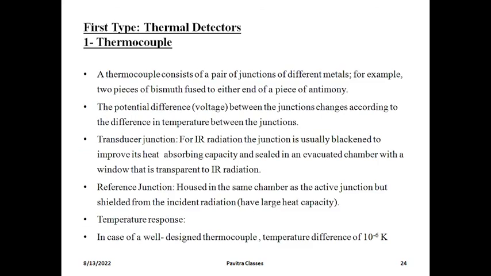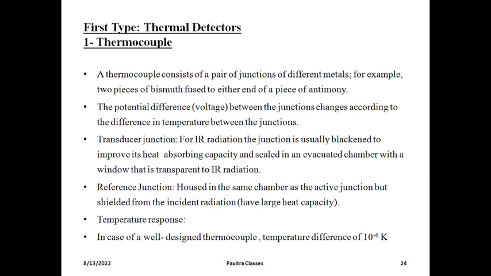The first type of thermal detector is the thermocouple. A thermocouple consists of a pair of junctions of different metals, for example two pieces of bismuth fused to either end of a piece of antimony.